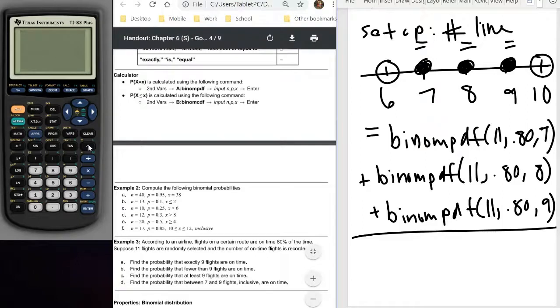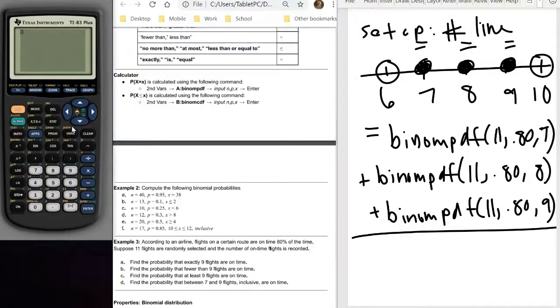So calculator, let's go to second vars. Let's look for binom PDF, okay, with 11, probability of success. The first number we can equal to is 7, and then plus. TI-84, you'll do the same thing.